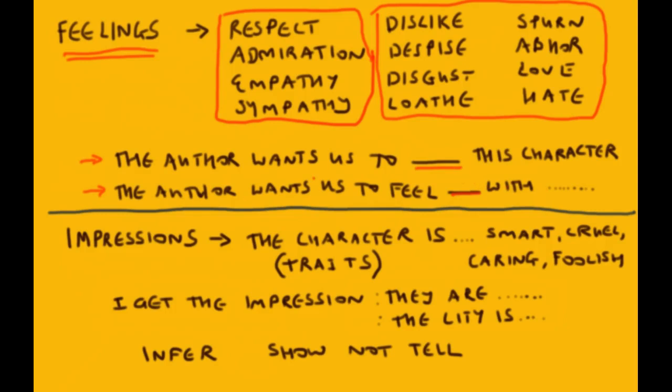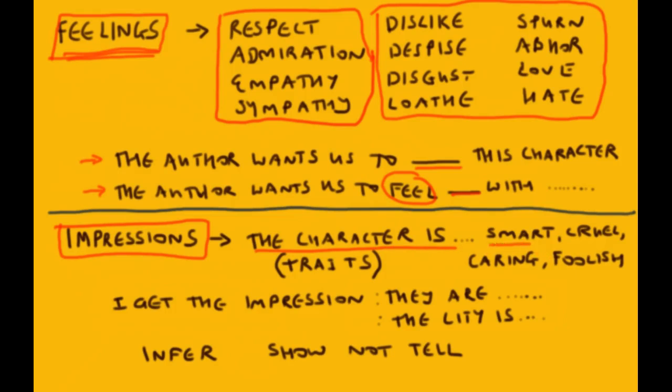So that's a good way of remembering how to answer questions which ask for your feelings about something. Okay? In contrast, if we get a question on impressions, I think in that sense you want to ask yourself, the character is something.